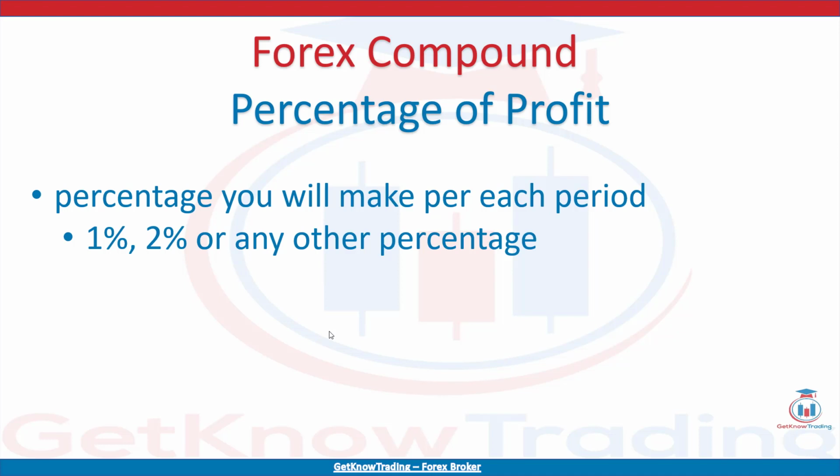The second variable you need to define is the percentage you will make per each period. That can be 1%, 2%, or any other percentage. But that means percentage of profit of account balance. In my case, I have used $10,000 as initial balance or initial investment, and I have opened 3 trades. Those 3 trades can be in a day or in a week.